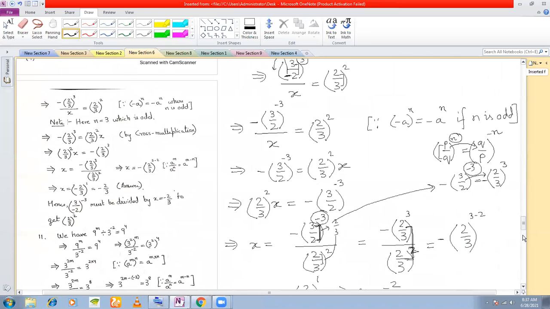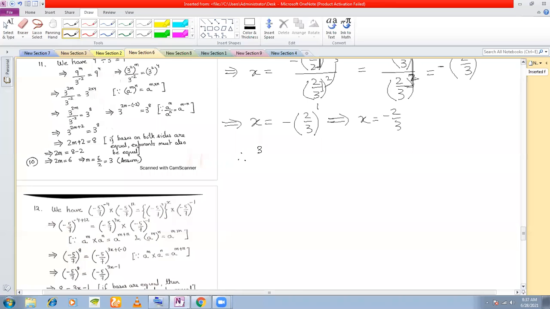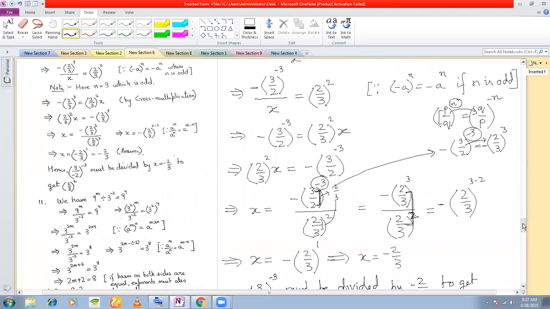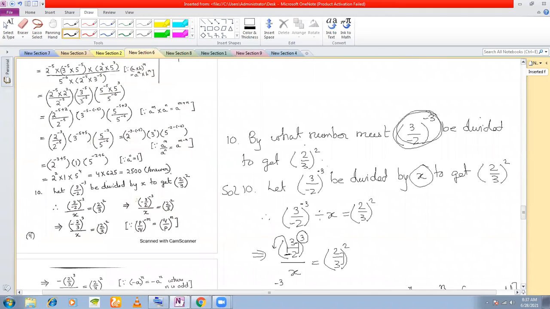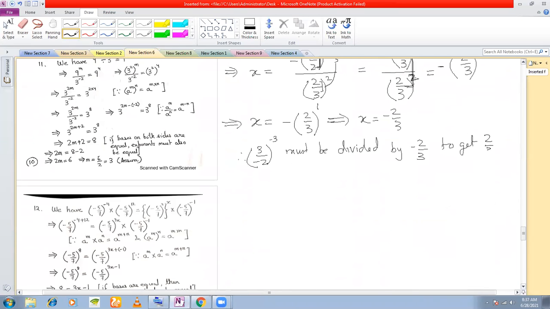So therefore 3 by minus 2 to the power of minus 3 must be divided by minus 2 by 3 to get how much? 2/3 square. Okay. So that is it.